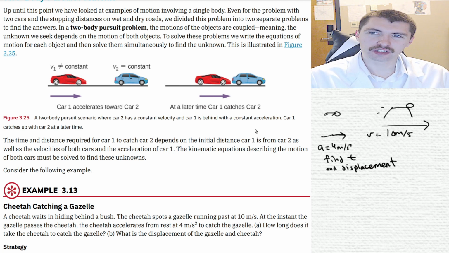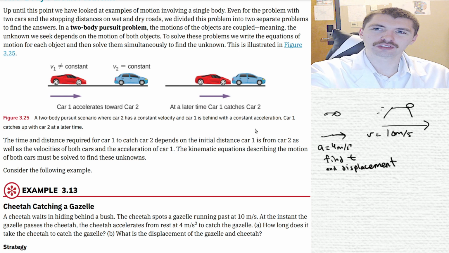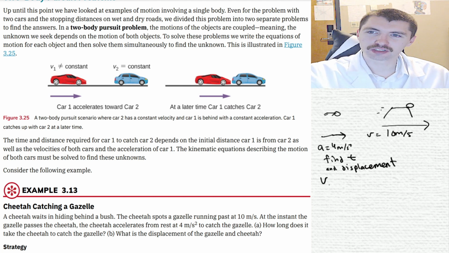We know the acceleration. I mean, okay, so we know V naught. This is at rest. Okay, we know X naught is 0. Do I say this is V naught? V naught is 10. Okay, X naught, we don't know that.